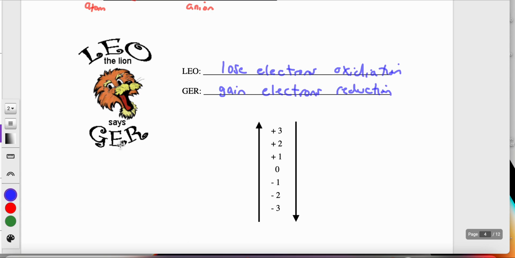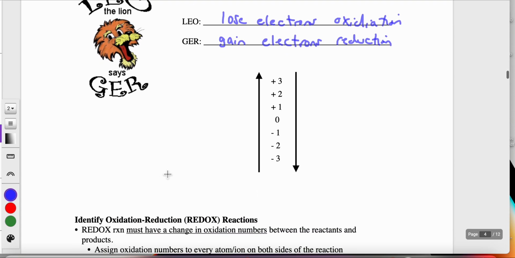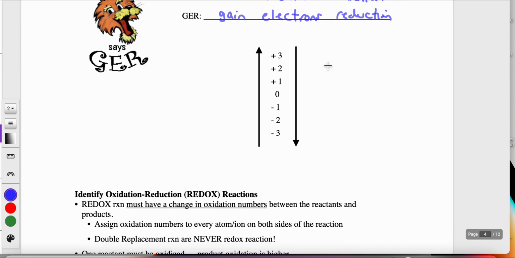The other thing that I like to utilize is what I call the ladder of oxidation numbers. They start lower, below 0, and work their way up to values above 0. Wherever you start, if you climb up this ladder, you are going through a LEO process, losing electrons.